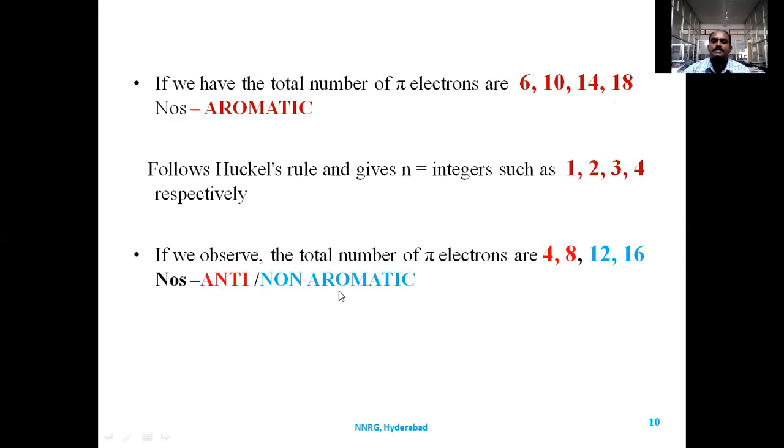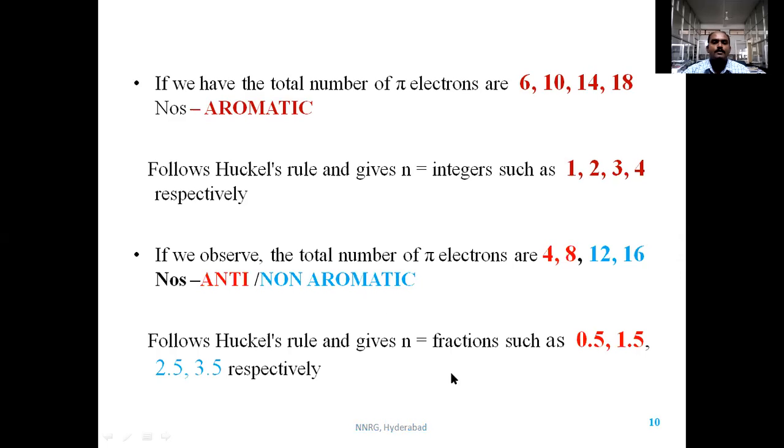Non-aromatic means that if any molecule does not satisfy any one of the four criteria, then such a molecule is called non-aromatic. Huckel's rule gives n as fractions such as 0.5, 1.5, 2.5, and 3.5 respectively. So this may be anti-aromatic or non-aromatic.